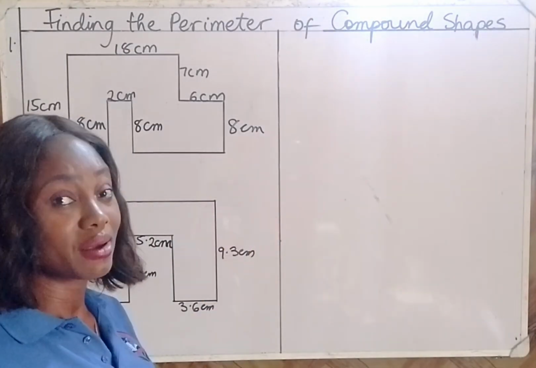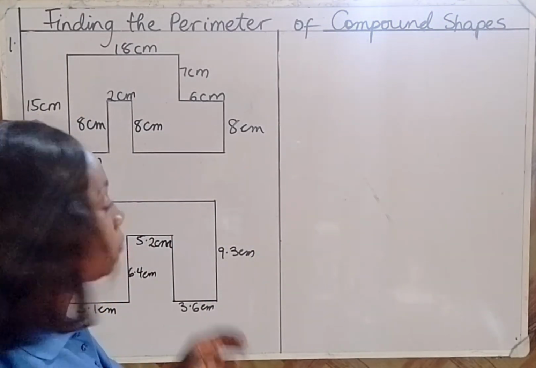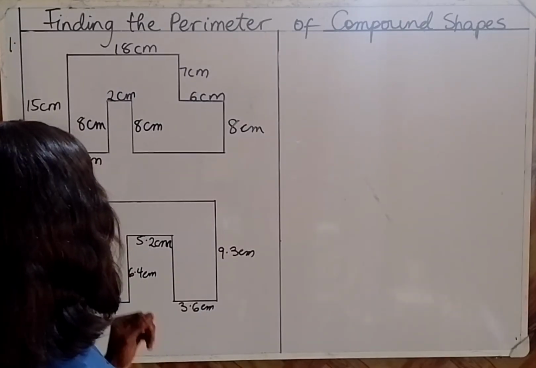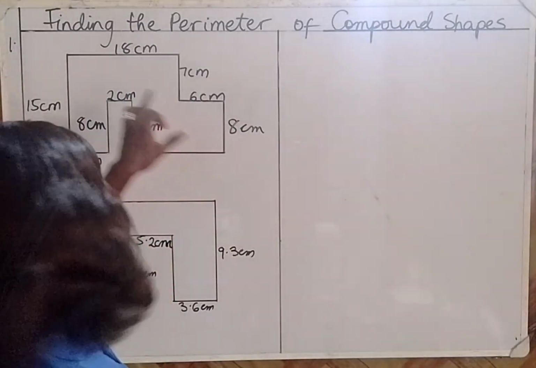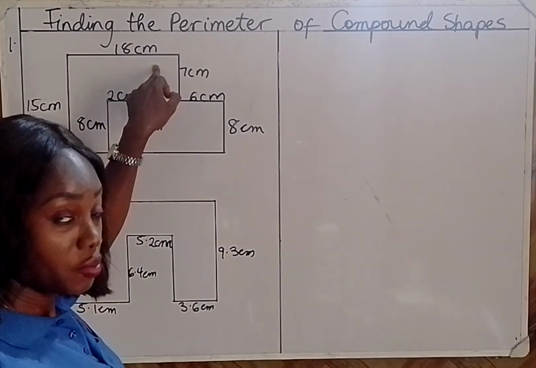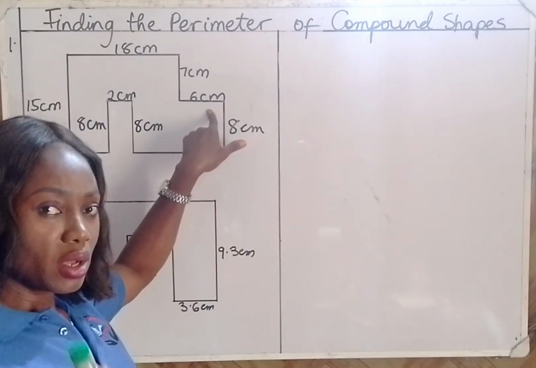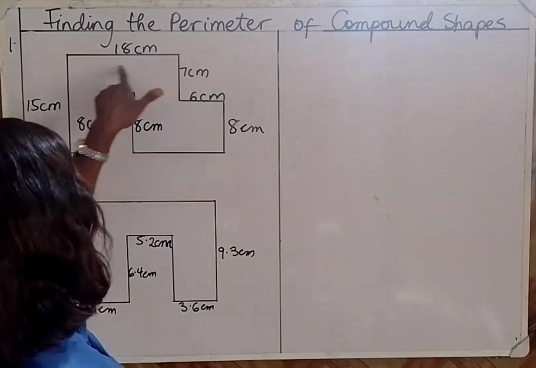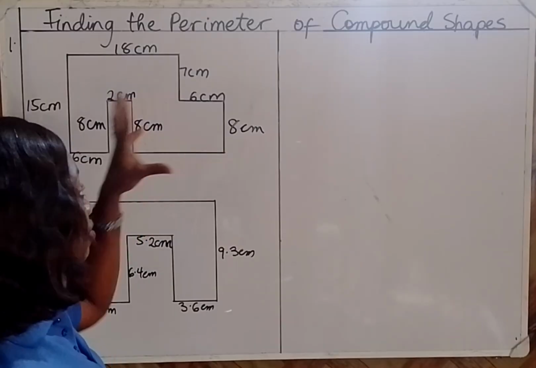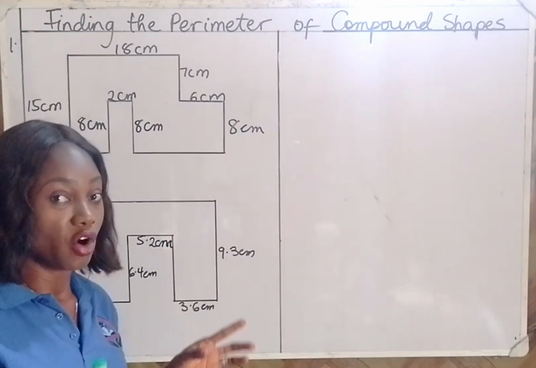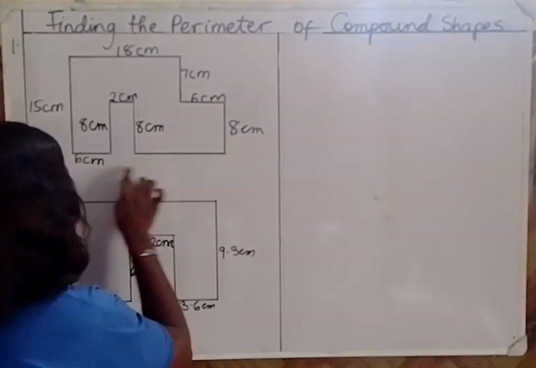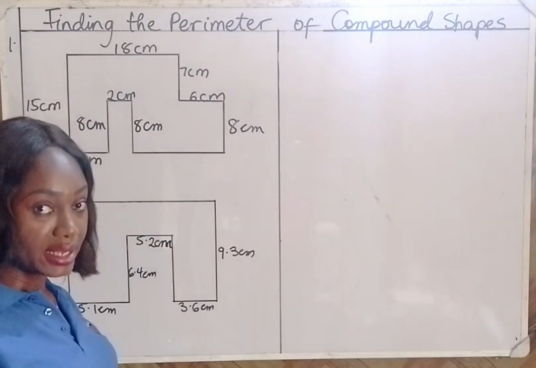Now let's move on to the second part of the question. The horizontal aspects: we have 18 centimeters here, and we have 6 centimeters here. If we add this length and this length together, that will give us a total of 24 centimeters for the full length, right?